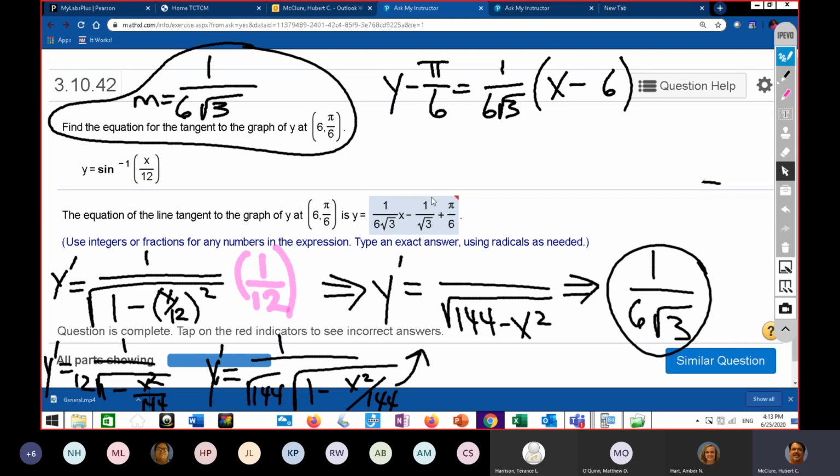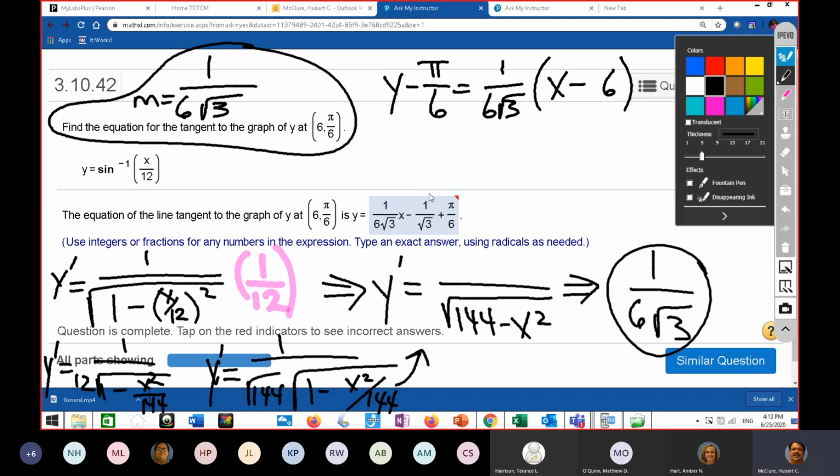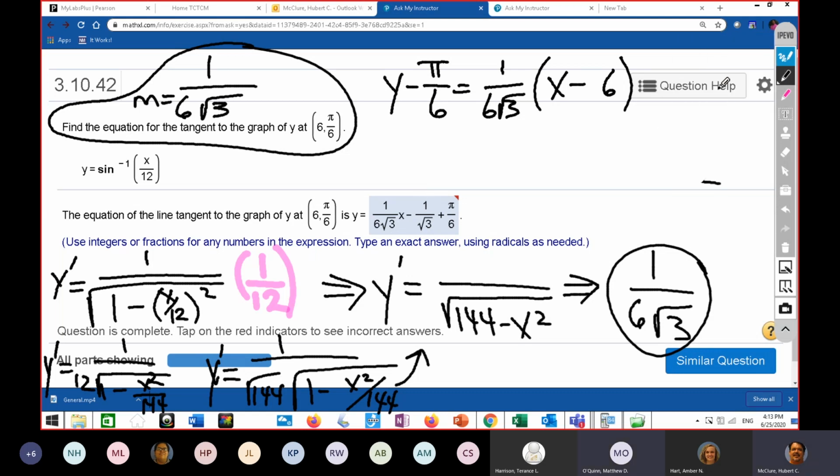They just wrote it like that. You might want to put parentheses around this, because these 2 can be combined for a number for your y-intercept. That's a number. Pi over 6 square root of 3.